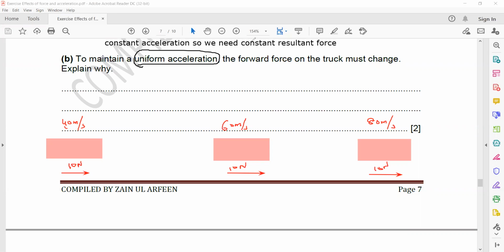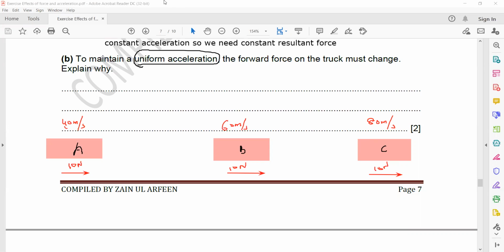In which situation will there be a greater air resistance acting on this truck? A, B or C? It will have a greater air resistance when it is moving fast. When it is moving faster, it will experience greater air resistance.